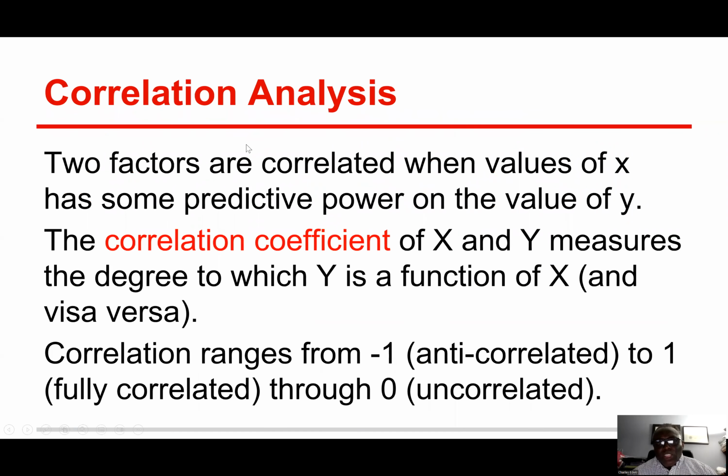So here we say correlation analysis is when two factors are correlated, when values of X have some predictive power on the value of Y. So normally when we are doing regression, which will be our next topic, we first of all will start with the correlation analysis.